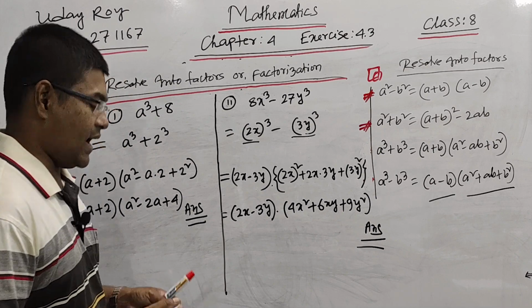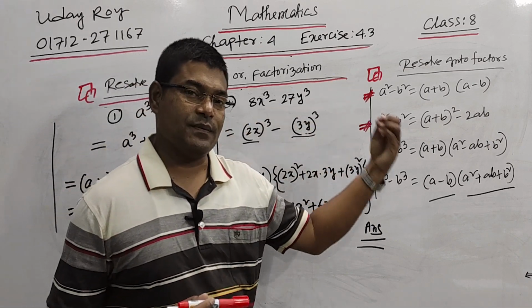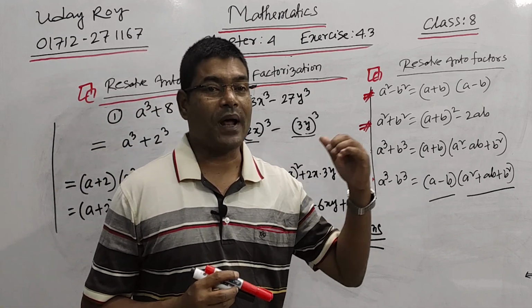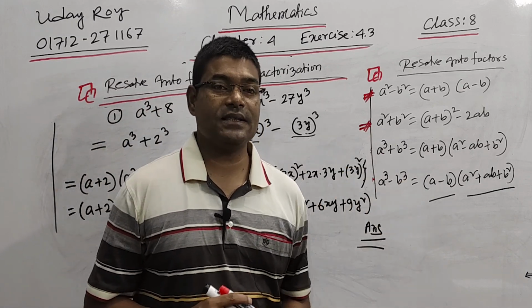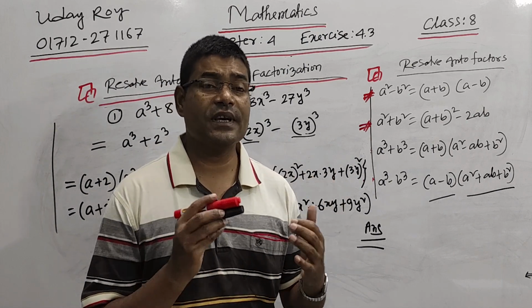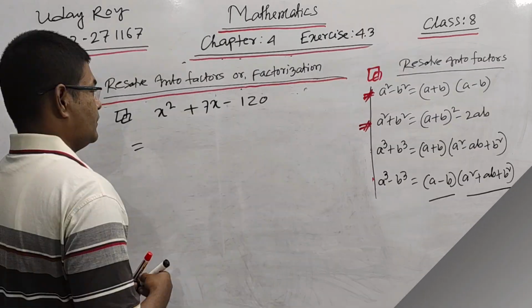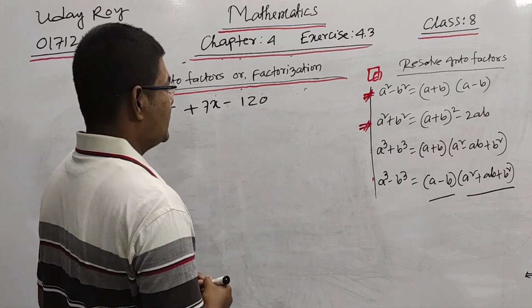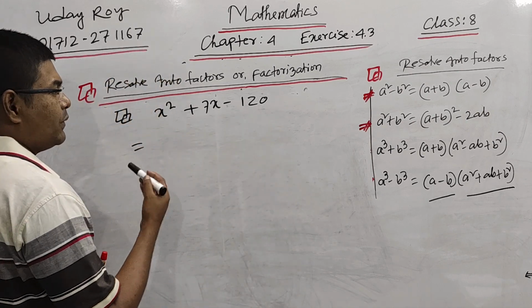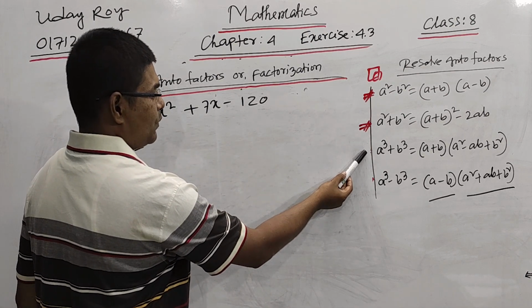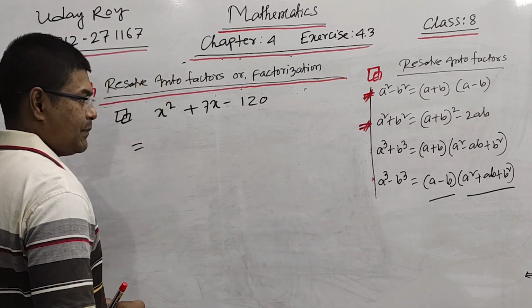So we have done a square minus b square, a square plus b square, then a cube plus b cube and a cube minus b cube. We will resolve into factors using middle term breaking. Here is x square plus 7x minus 120. Already we have done a square minus b square, a square plus b square, a cube plus b cube, a cube minus b cube type maths.